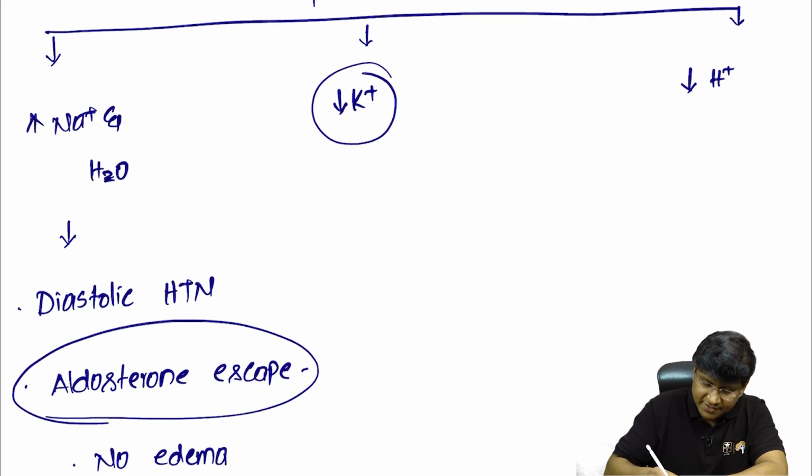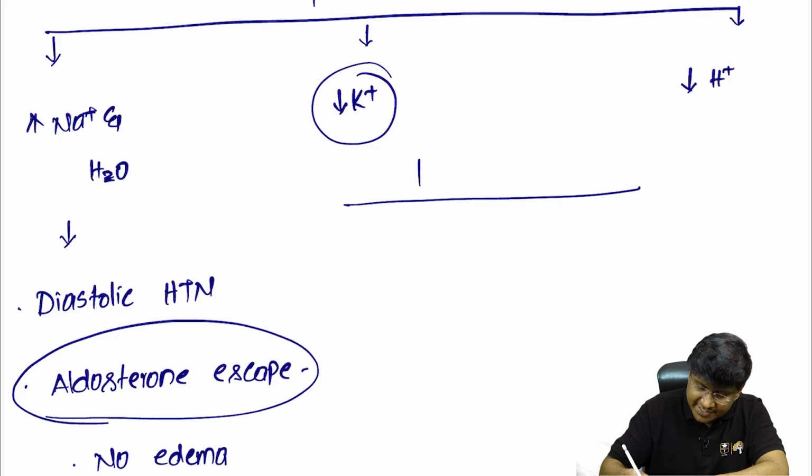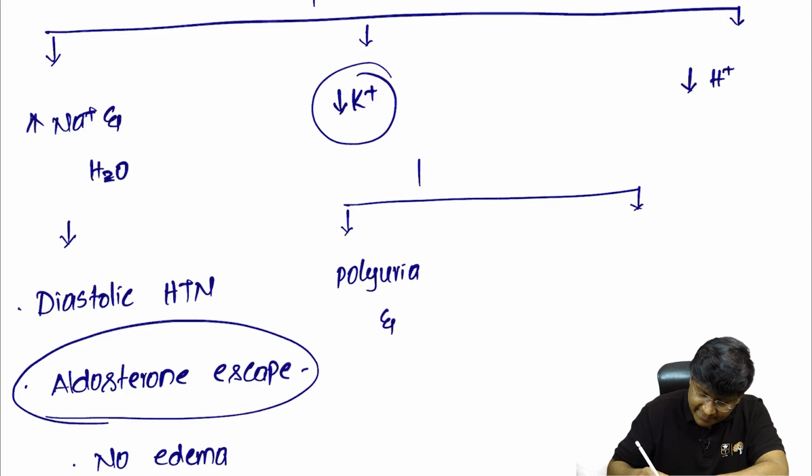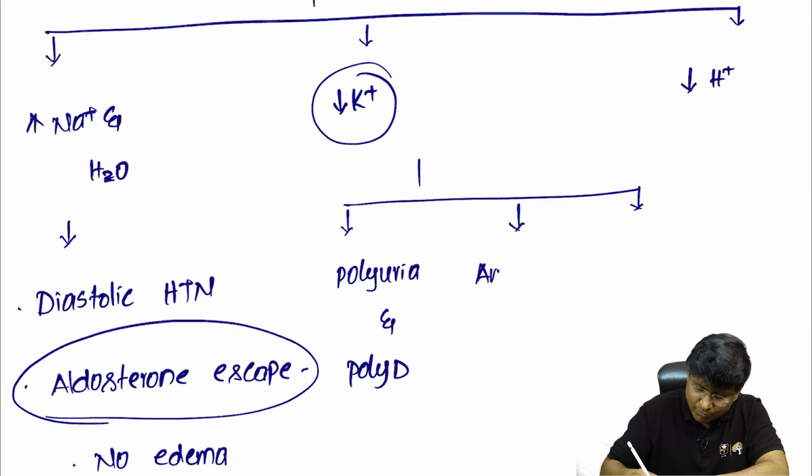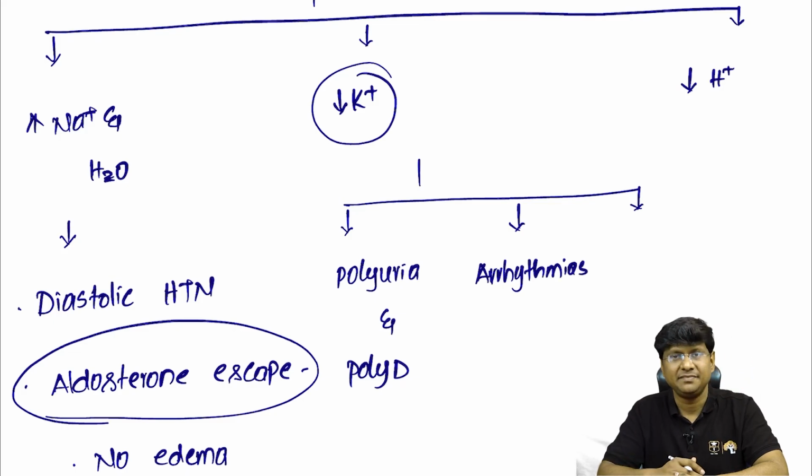Now, because of the hypokalemia, these patients will develop polyuria as well as polydipsia, right? And because of the hypokalemia, they are more prone to arrhythmias. The ventricular arrhythmias are very common, that is VT as well as VF.